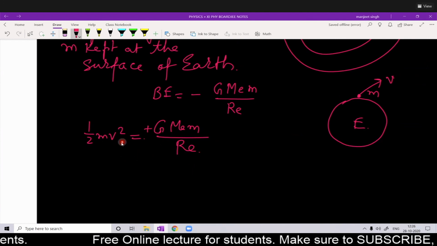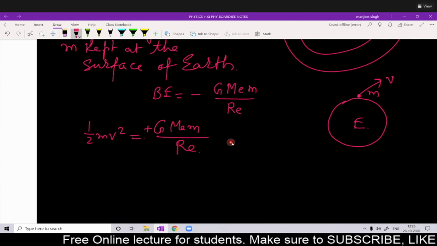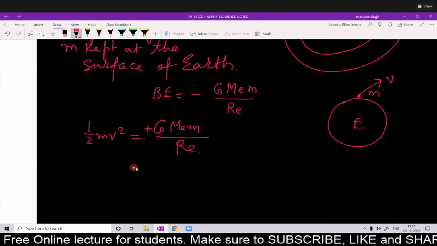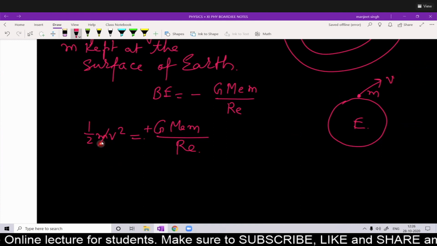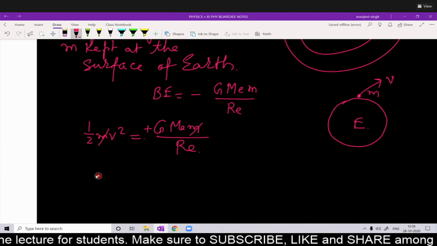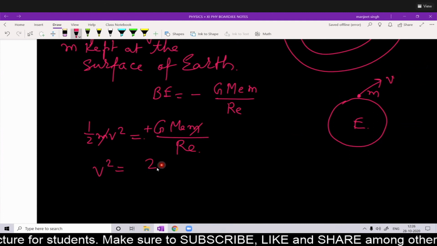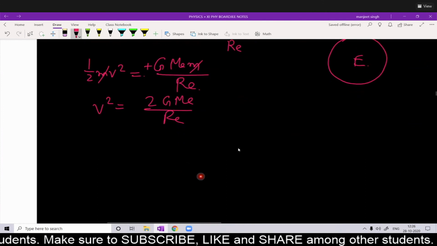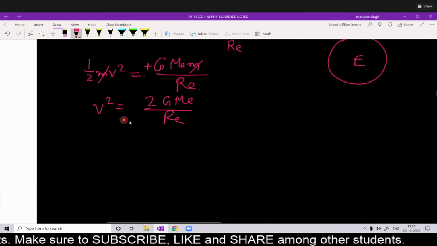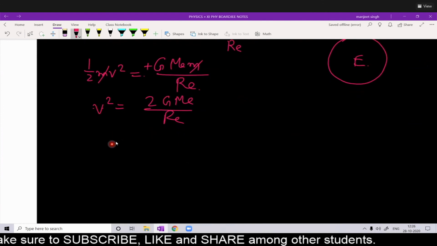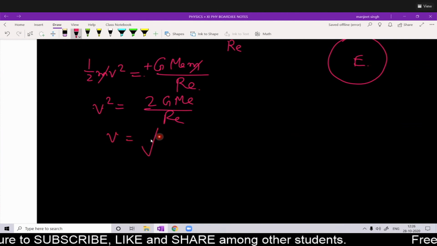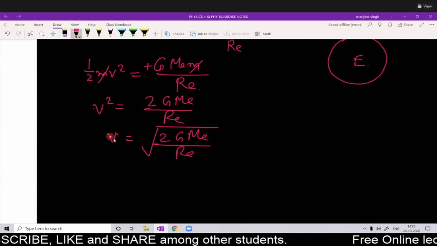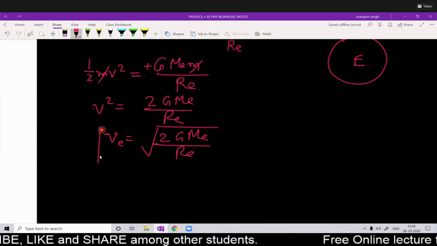So in that case, what will be the velocity? Because that thing will not return to the earth, that velocity will be known as the escape velocity. So let us calculate. m cancels out. So v square is equal to 2G M_E upon R_E. So escape speed is under root 2G M_E upon R_E. Now this is escape speed from the surface of the earth.